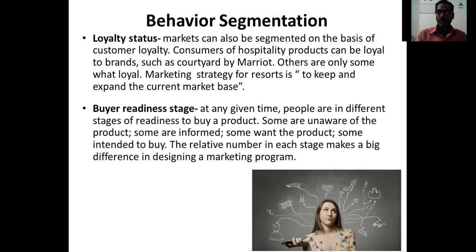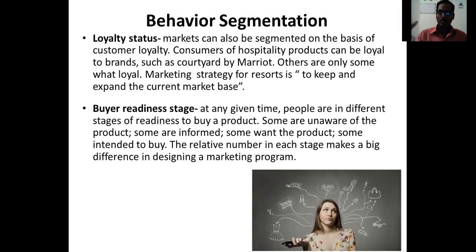Some are somewhat loyal, which means they continue to use our product until they find a better one. If the competitors are offering a better product or service than ours, then these somewhat loyal customers will switch to the competitors' products. In other words, these customers will start buying the competitors' products.